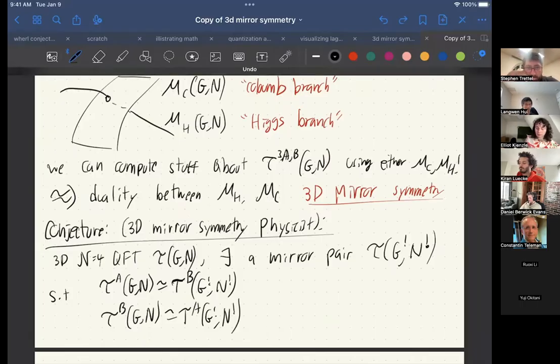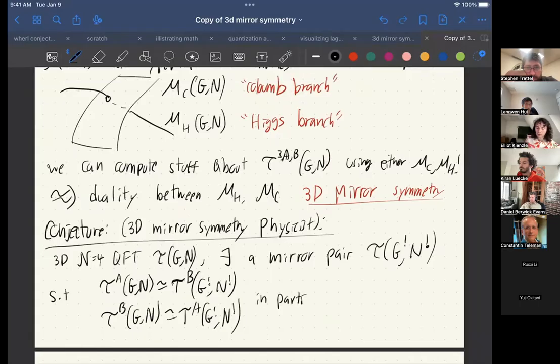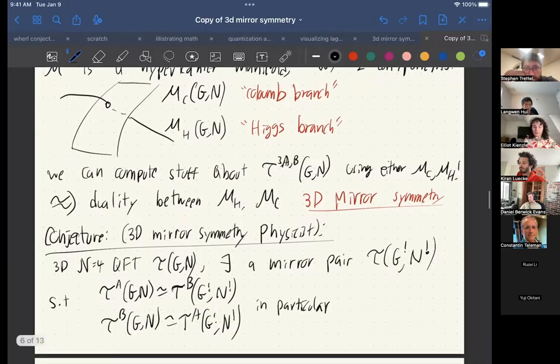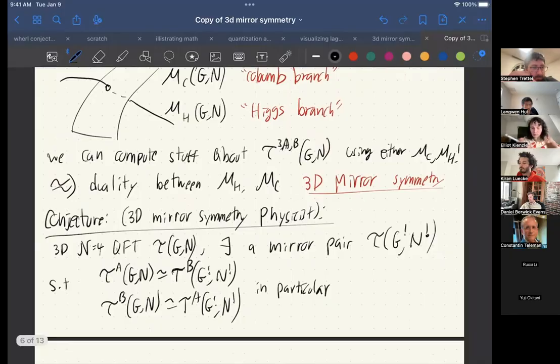And in particular, because the way that we're accessing these theories as mathematicians is to take their vacuum moduli spaces, these crazy manifolds that these theories give us are also going to be dual. So the Coulomb branch and the Higgs branch are going to be interchanged, and vice versa.